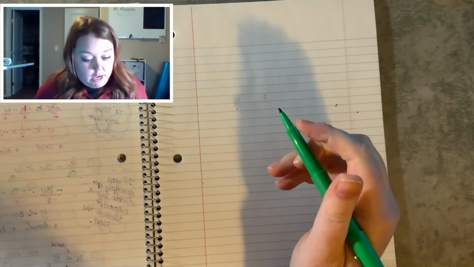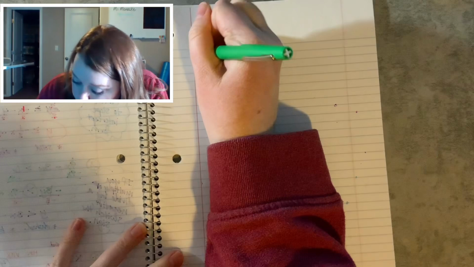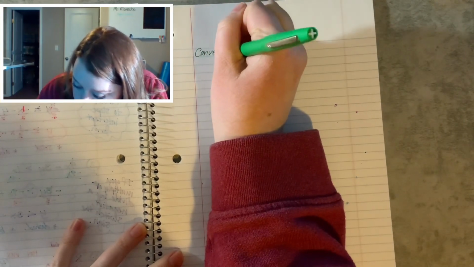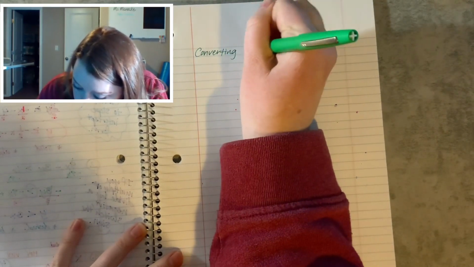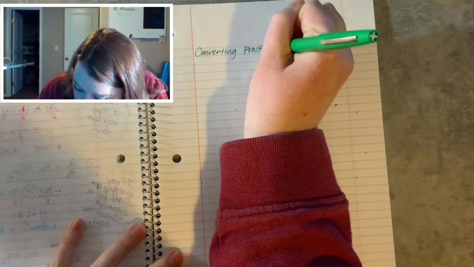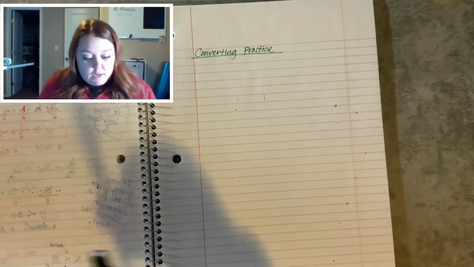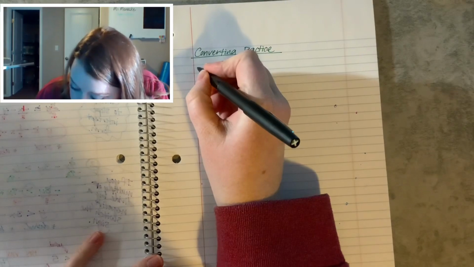Last part of the notes, I just want to do a couple of converting problems so that you're experts on it. So converting practice. We're not going to graph, we'll just practice converting.